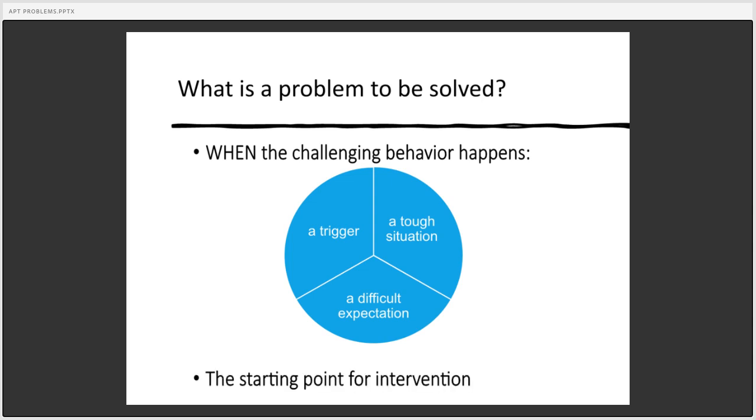And these problems to be solved are our starting point for our intervention. So for a Plan B conversation, we're going to be addressing the problem to be solved, not the behavior. So it's really important. This is really the most important list on the APT because it leads us to our intervention.